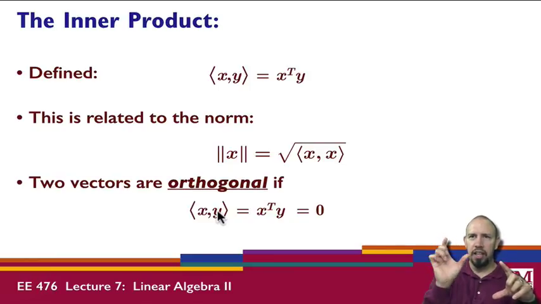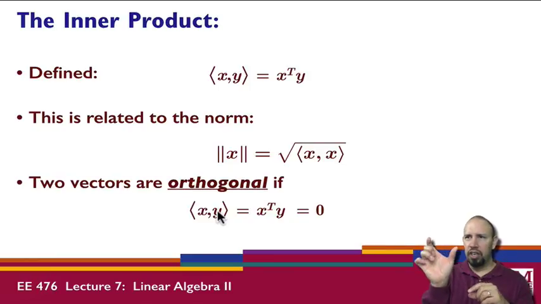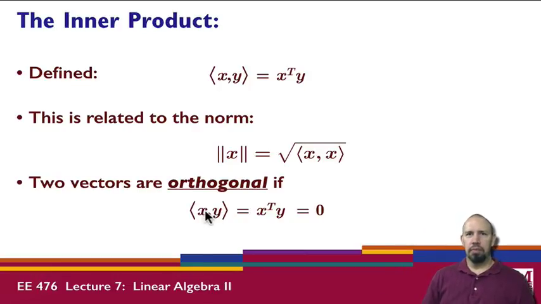So if I take the x vector 1, 0, 0 transpose times the y vector 0, 1, 0 and multiply them together, I'm going to get 0. That's a very simple example of orthogonality. Say it with me, orthogonal. That is the concept of being perpendicular.